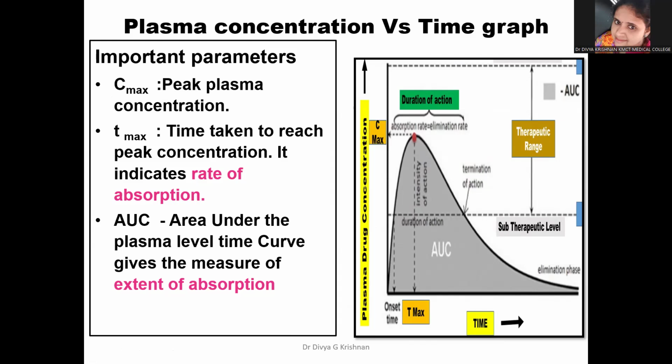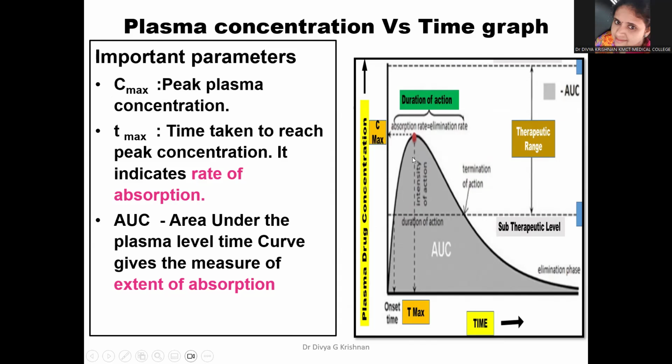With time, drug absorption happens, and you can see that the concentration of the drug in the blood reaches a peak concentration, and that is called the Cmax. The time at which the Cmax is attained is called the Tmax. And after some time, the concentration of the drug in the plasma will fall because of metabolism and excretion.